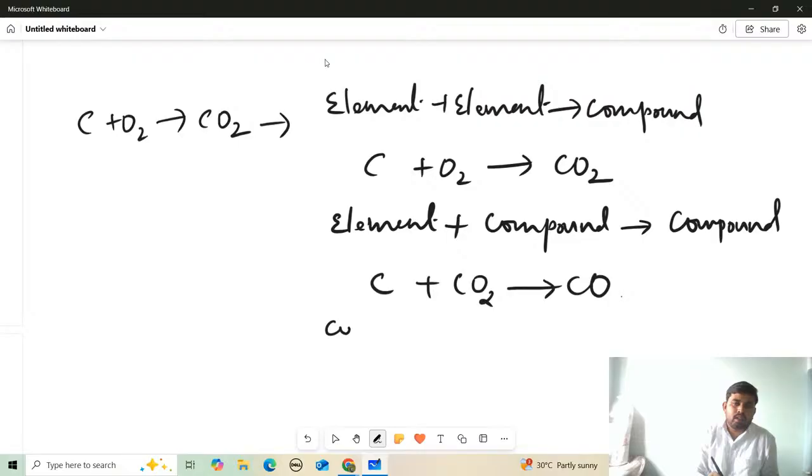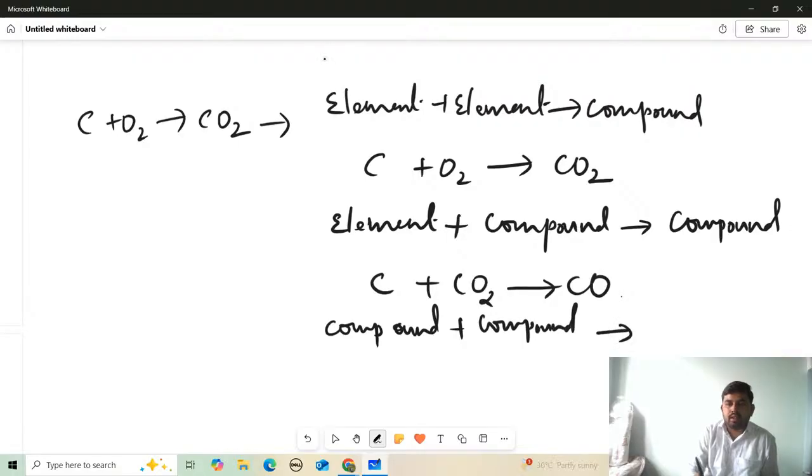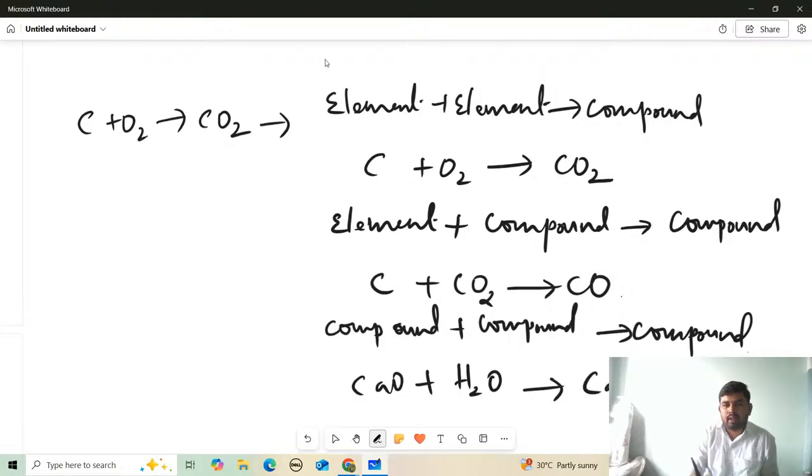Similarly, compound plus compound: a compound combined with a compound forms again a compound. For example, calcium oxide plus H2O gives rise to calcium hydroxide. This is an example of a combination reaction.